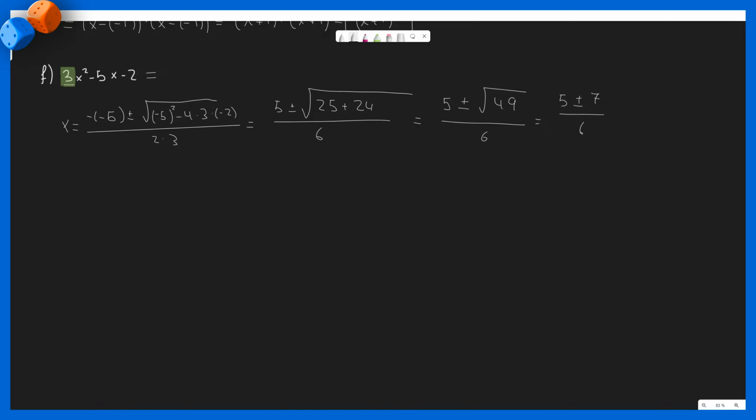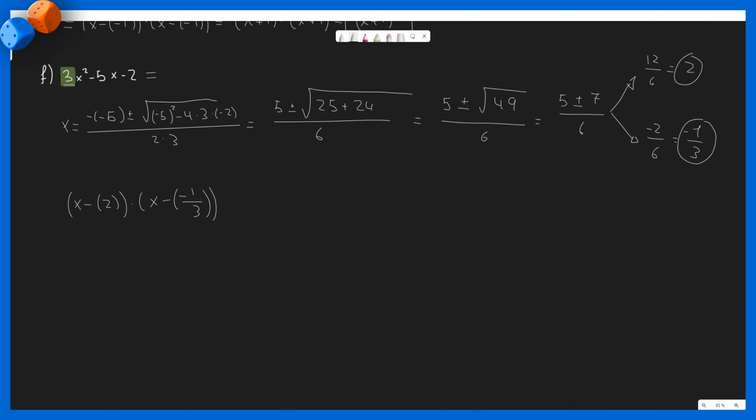equal to 5 plus minus 7 divided by 6, which gives us two solutions. The first one, 12 divided by 6 equals 2, and the second one, minus 2 divided by 6 equals minus 1/3. So with these two solutions, these two roots, we can write almost our expression factorized, and we would write x minus our root 2 times x minus our other root, minus 1/3.